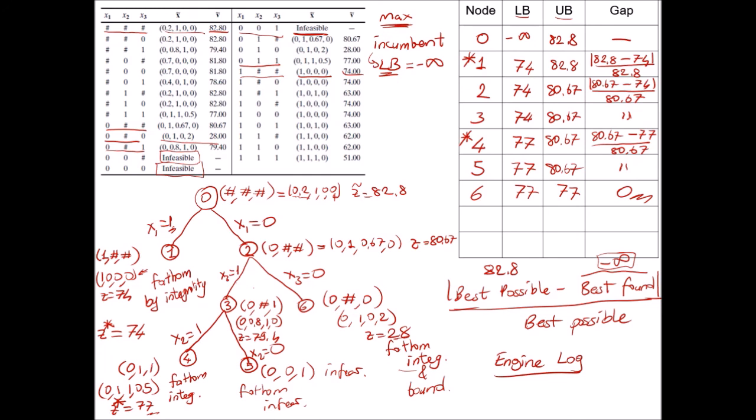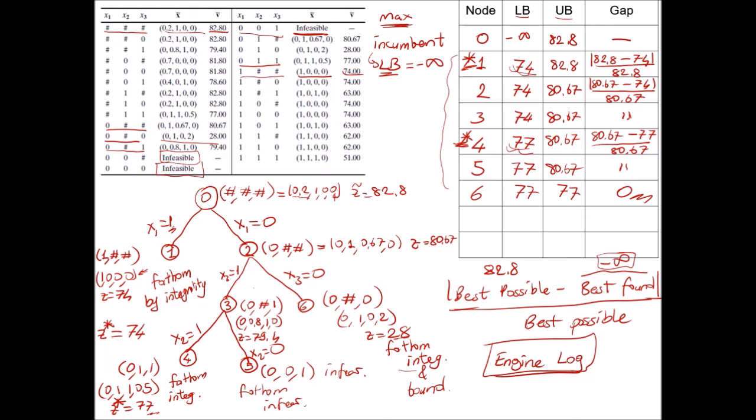And as I told you, if you check the engine log in the CPLEX OPL, you will find exactly this one, and you will also see these stars. And stars mean that CPLEX updated the best integer solution, 74, 77. When there is an update in the incumbent solution, it represents it with a star. And what is the optimal solution that we found at the end?